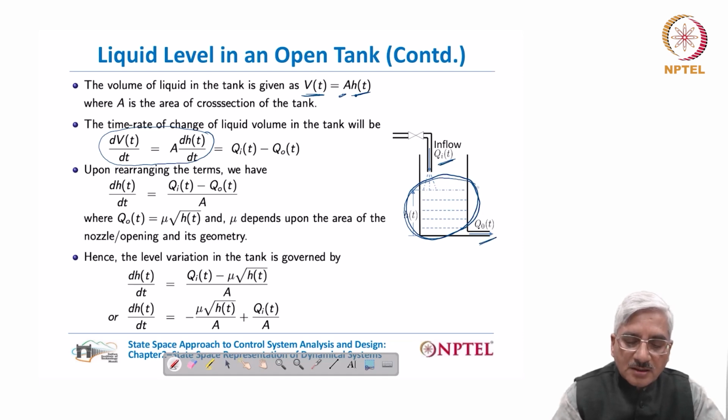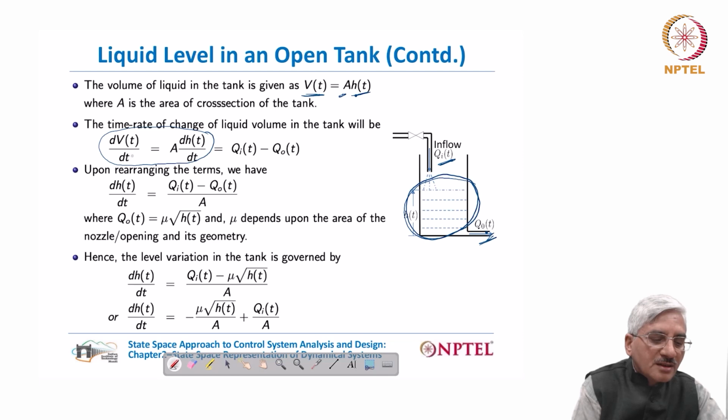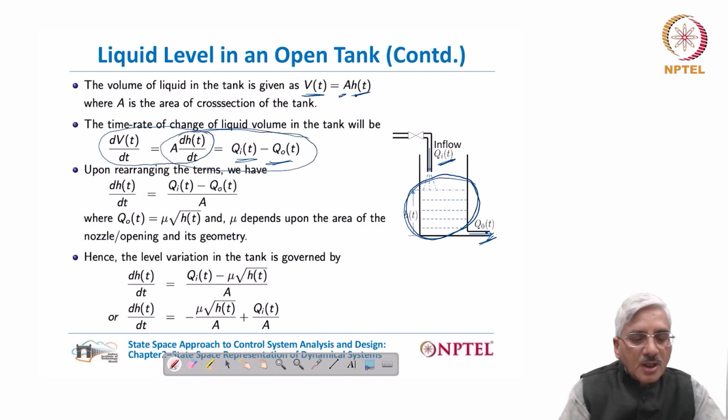If Qi is larger than Qo, the volume will increase with time. If Qi is smaller than Qo, the volume will decrease with time. So dVt by dt will be equal to Qi minus Qo. In other words, A dH by dt is equal to Qi minus Qo.